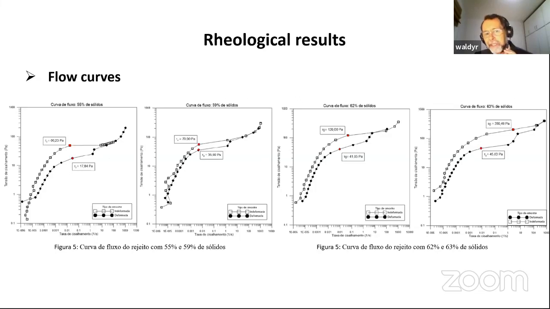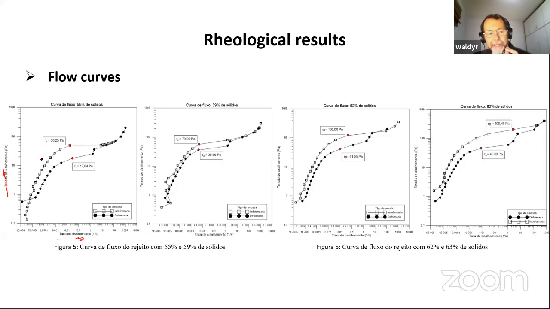So these are the rheological results, and I've just talked about the first one, where you have the 55% solids, and then it is a flow curve. Here the shear rate increases and the shear stress increases as well.